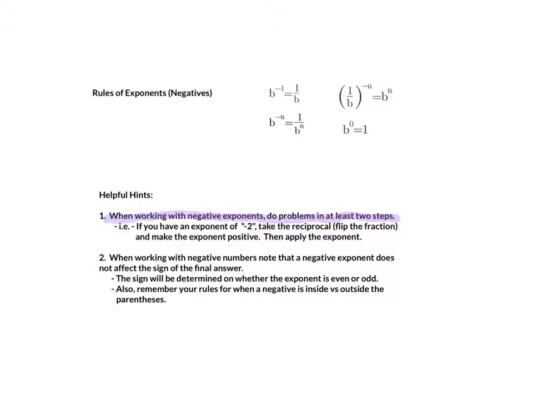Second thing, when working with negative numbers, note that a negative exponent does not affect the sign of the final answer. The sign will be determined on whether the exponent is even or odd. Also, remember your rules for when the negative is inside versus outside the parentheses.